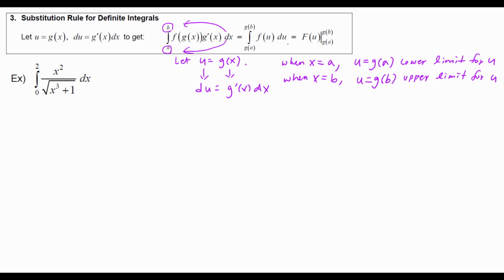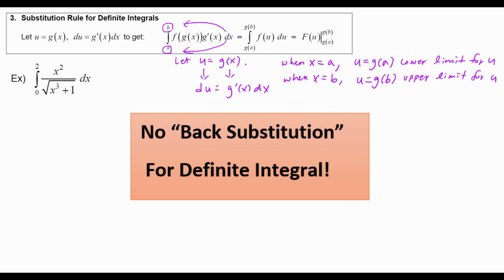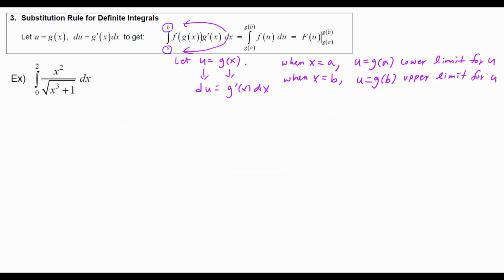So there is no back substitution for a definite integral because you changed not only everything into u, but you changed the limits for u as well. So now when you find the antiderivative, you can plug in these limits for u without doing the back substitution.